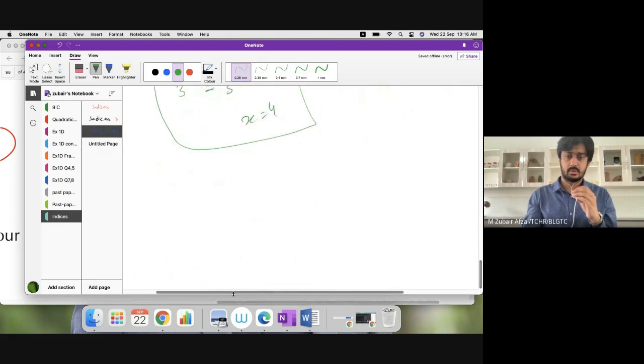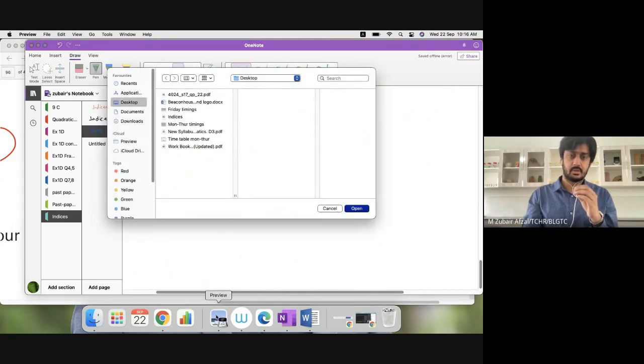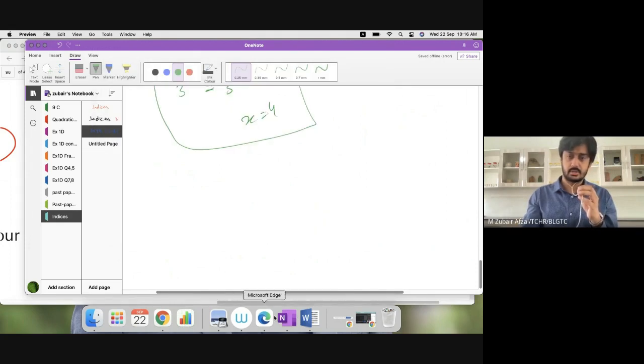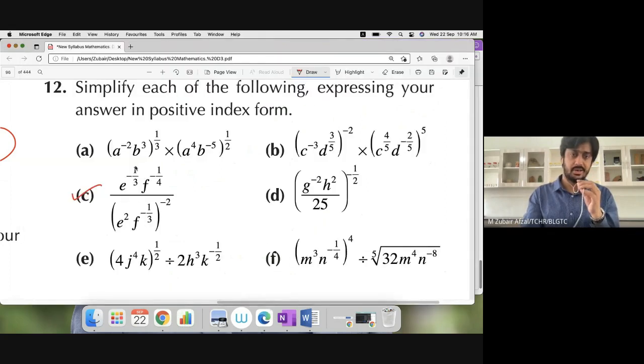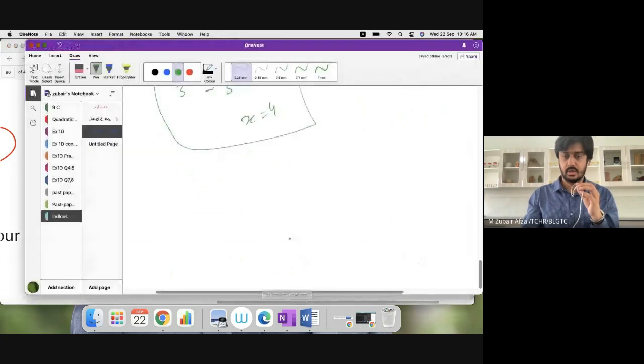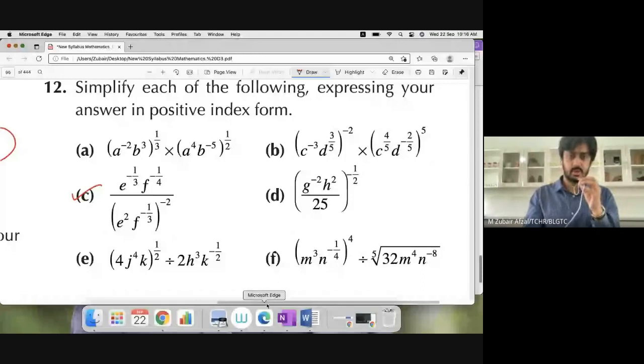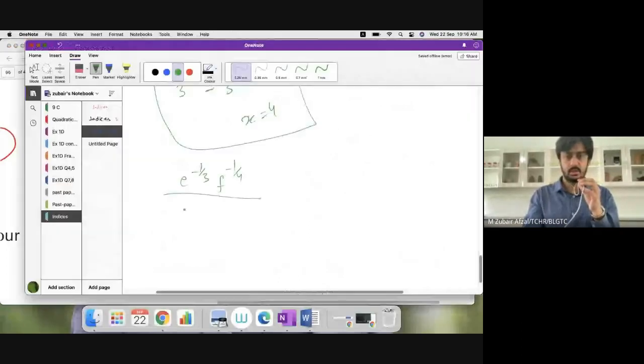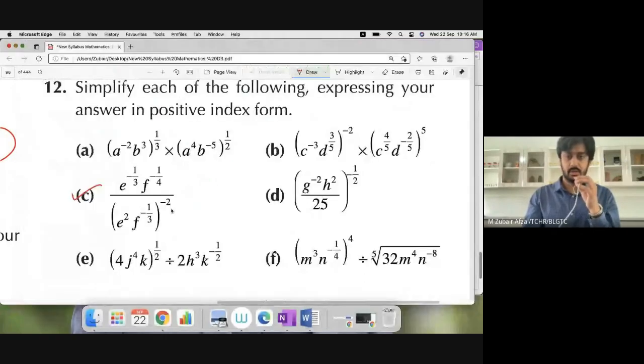So this is, where is that? E raised to power negative 1 by 3, F raised to power negative 1 by 4, and divided by E square F negative 1 by 3, E square F negative 1 by 3, and the power is negative 2.